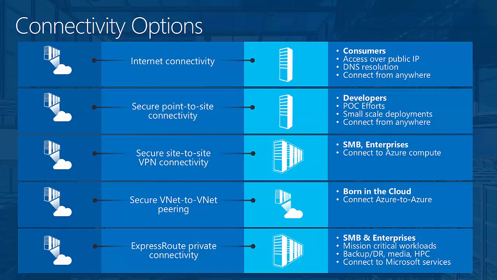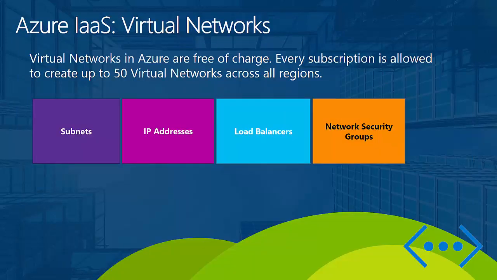You also have the ability to peer VNets within a subscription to facilitate routing, in addition to establishing a dedicated private pipe for your cloud resources with ExpressRoute. In essence, you can expand your network to Azure with complete control and benefit from the enterprise scale functionality that Azure provides. Virtual networks in Azure are free and have an allowance of up to 50 VNets per subscription.